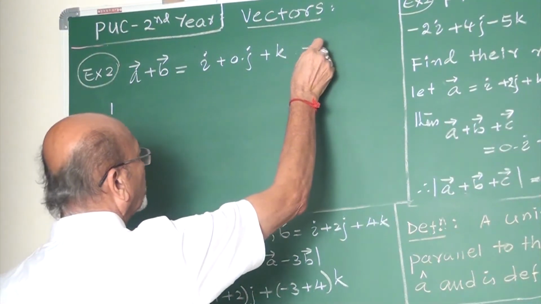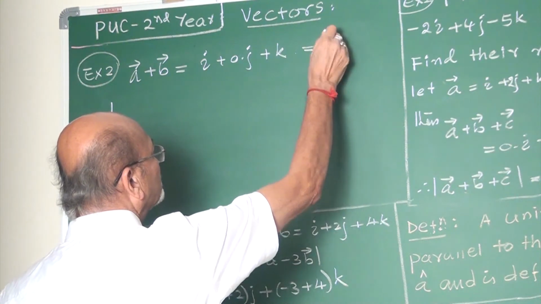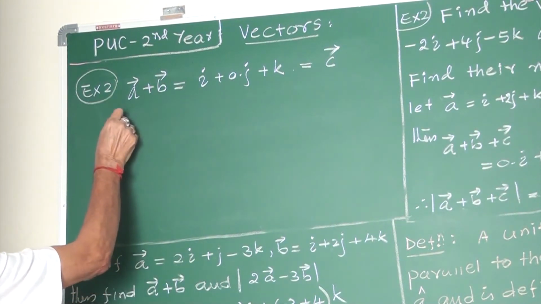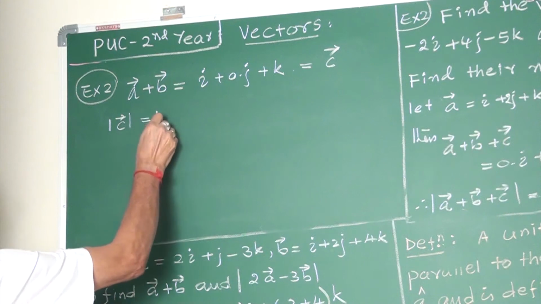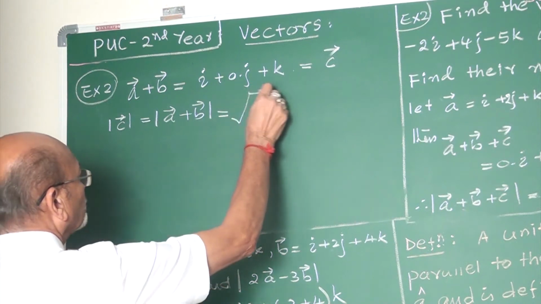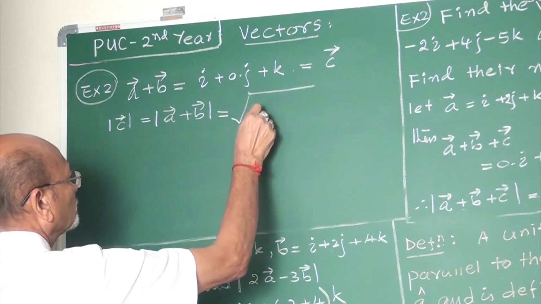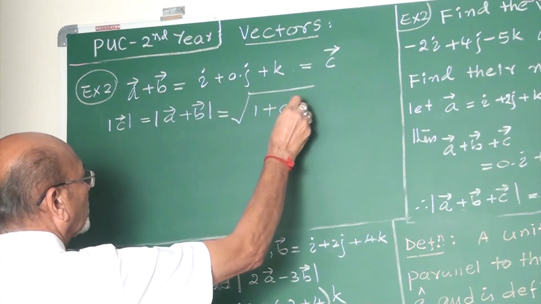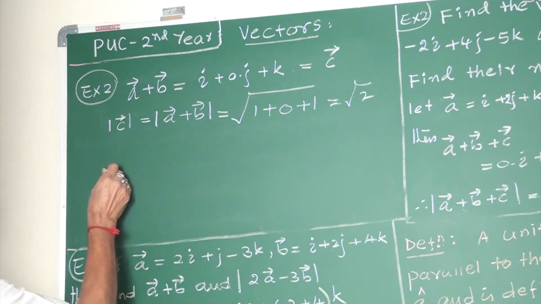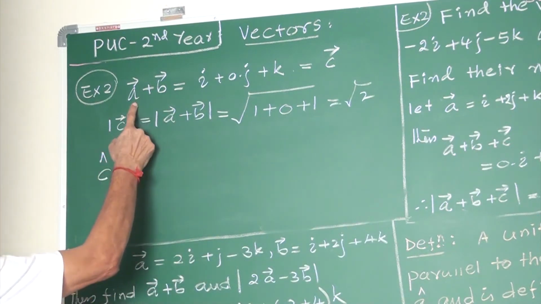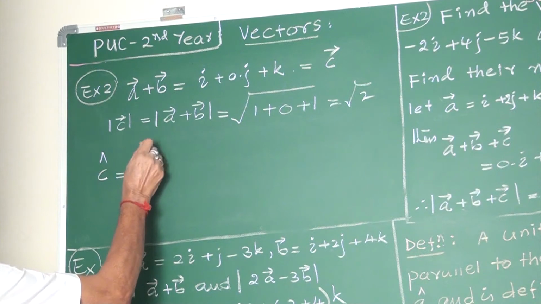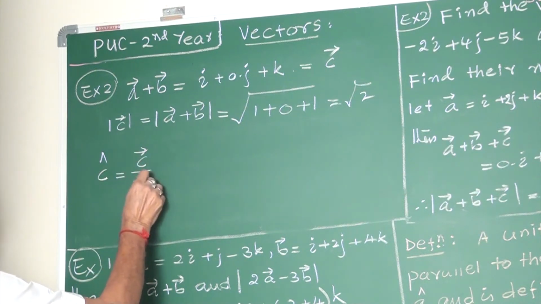You denote this vector by vector C. Then the magnitude of C is the magnitude of A plus B. It is the square root of coefficient 1 square plus 0 square plus 1 square, it is root 2. Then what is C cap? C cap is vector C upon magnitude of C.